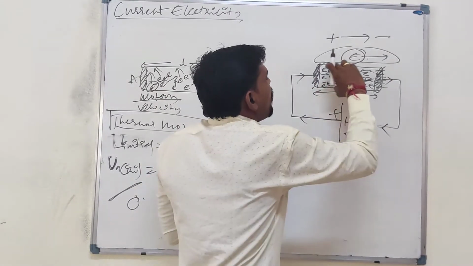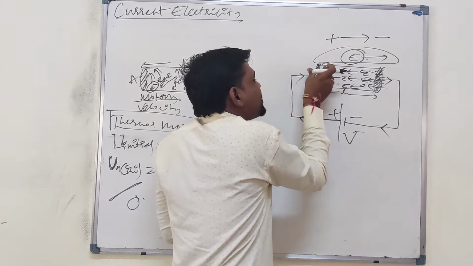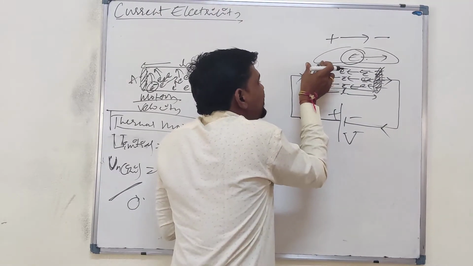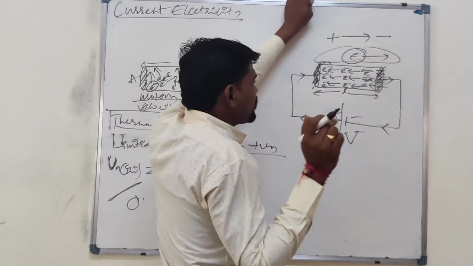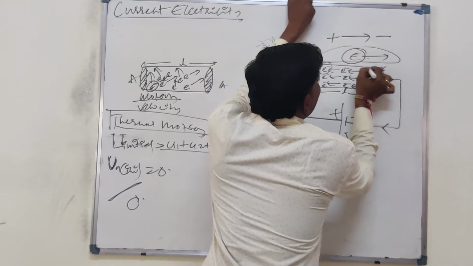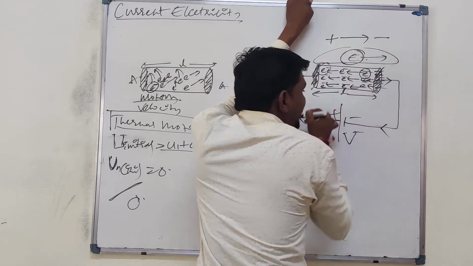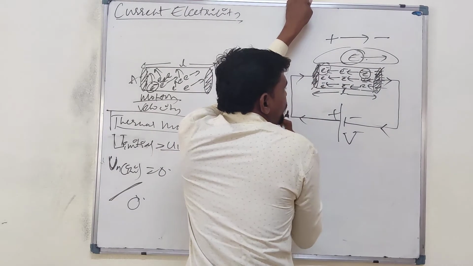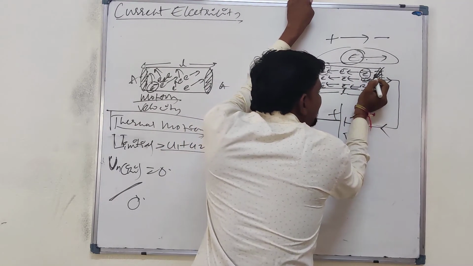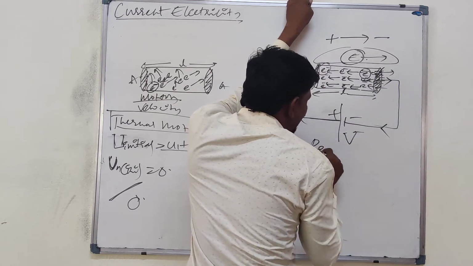So all these electrons are aligned and come and sit at the positive end of the conductor. Now all these electrons oppose the electric field coming from this side to this side, and that opposition is called resistance.